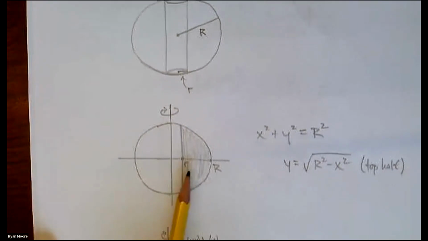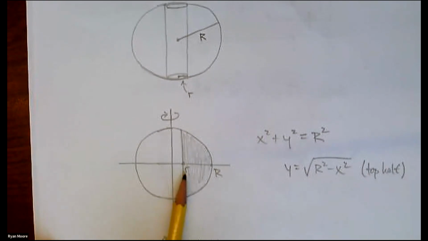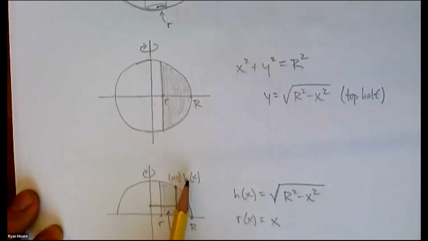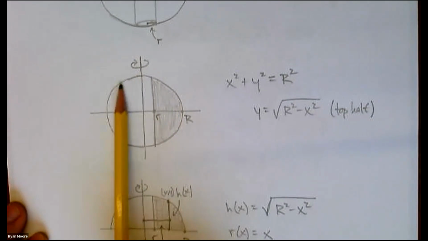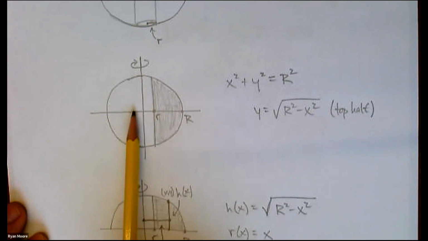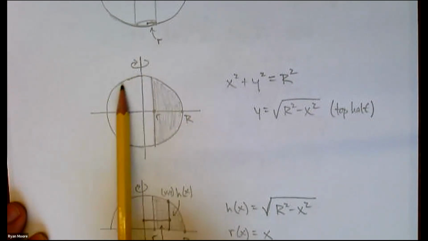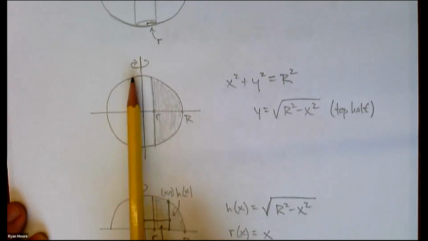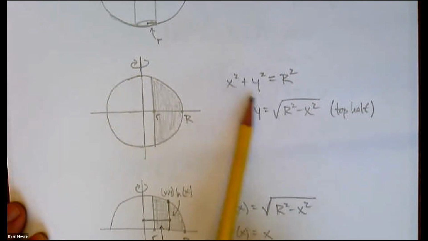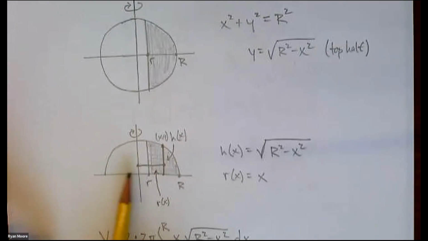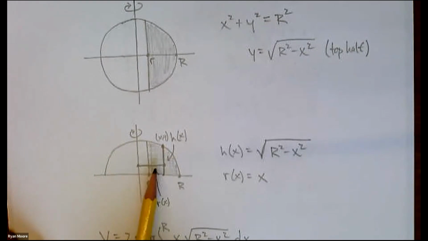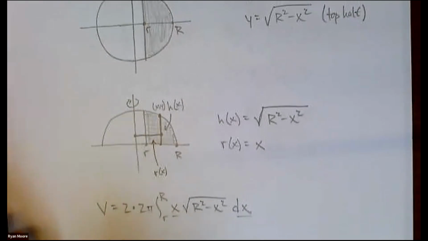Once we have that all drawn and we note where the little r and big R occur, we took advantage of symmetry. Now that this is on an xy plane, what is the equation of that boundary around the outside? We can solve it for y, and then we can just focus on the top half, do the symmetry thing, and multiply by 2 to get the full volume. And there you go. What a cool formula.